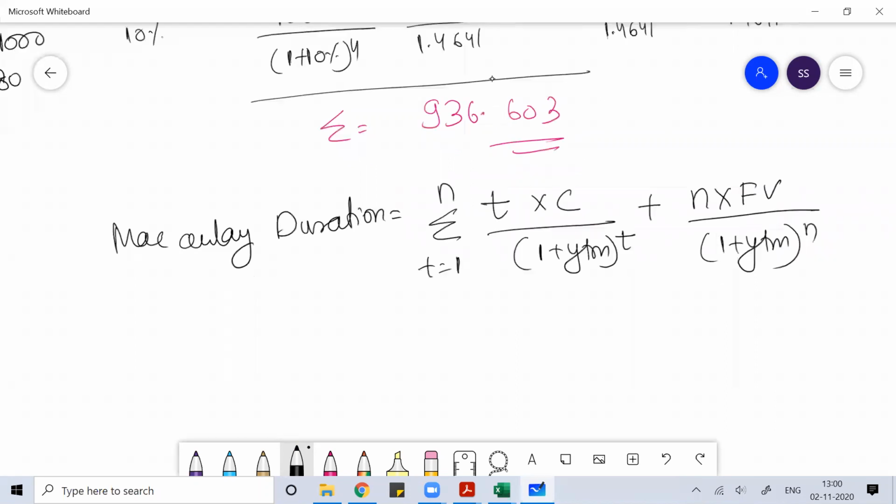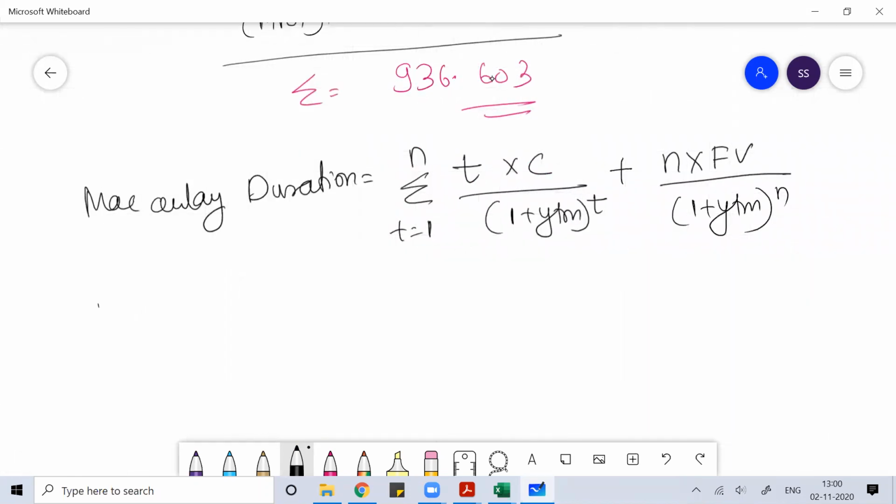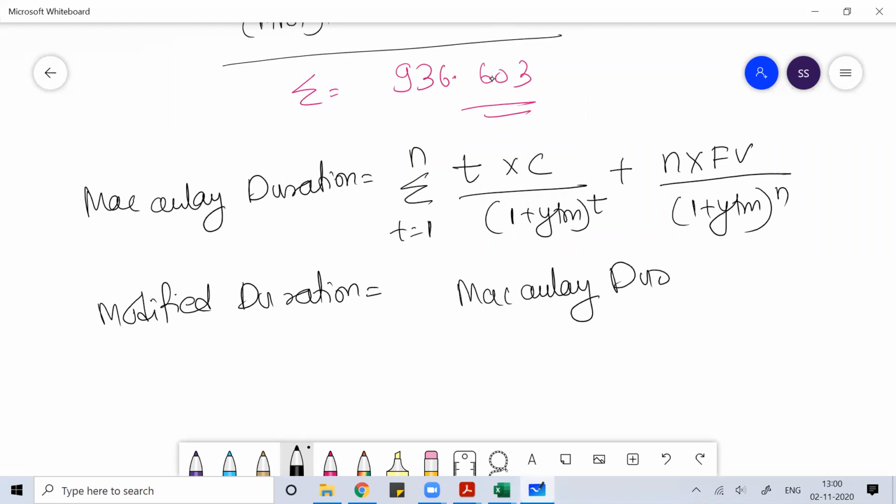This is the Macaulay duration. And what is modified duration? The modified duration is nothing but the Macaulay duration divided by 1 plus YTM.